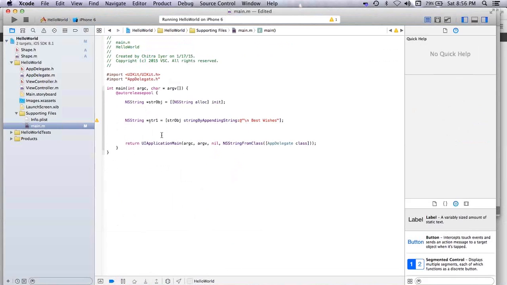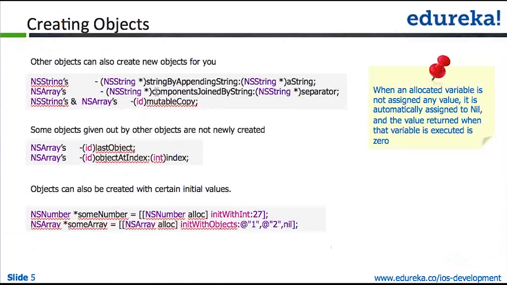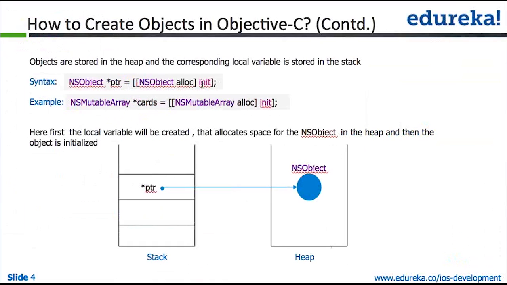So these are some ways of creating objects. But the most underlying thing that you need to remember is when you create it with init, it calls an instance method and it returns a pointer of type id.